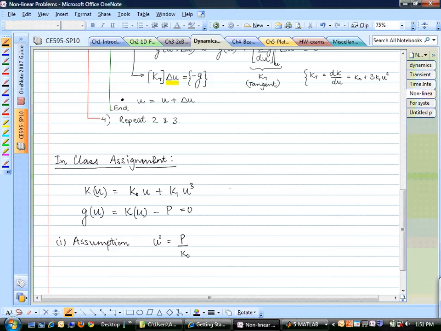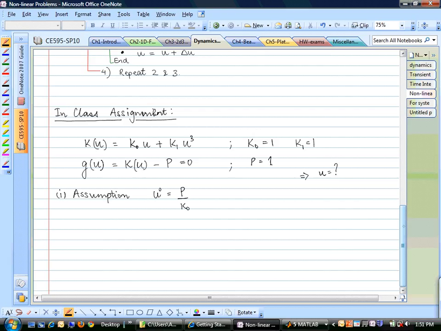The values you can use are K naught is 1, K1 is 1, and the applied load P is 1. The final objective is to find U, but all I'm asking you to do is find the next iterate, find U1.